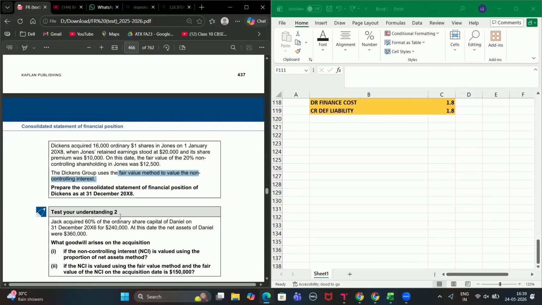Let's say we get a 10 million impairment on goodwill. If you are calculating goodwill on the basis of the fair value method, how will we treat this impairment of 10 million?